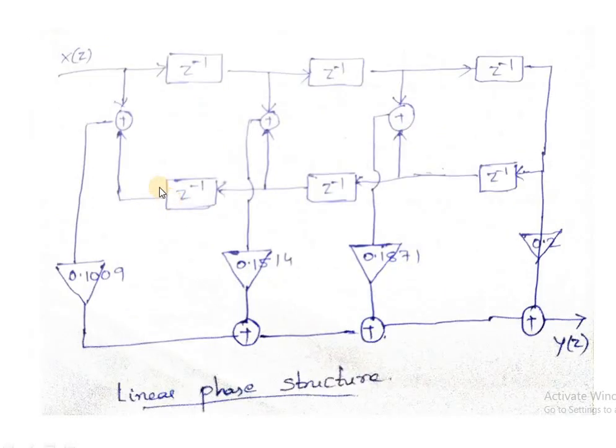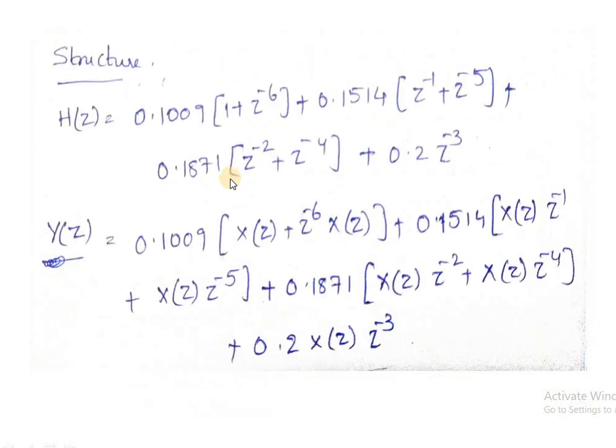Since in this case we do have 6 delay elements with respect to X of z, the highest power of the delay element is z power minus 6. Therefore, since they are symmetric in nature, generally the values of h of 0, h of 1 and h of 2 are equal to their mirrored counterparts.